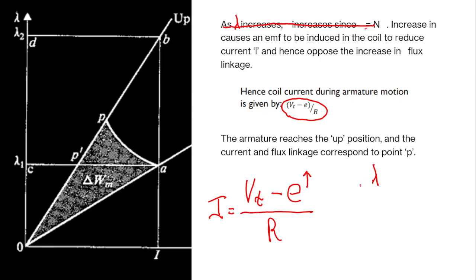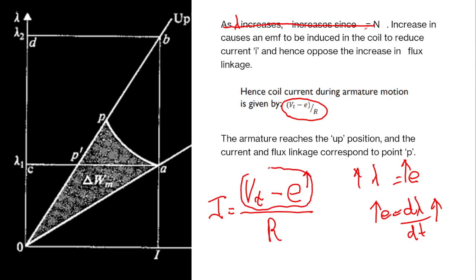If your flux linkage increases, the induced EMF will also increase, because E is dλ/dt. So if the change in lambda over t increases, obviously the E will increase. But if E increases, Vt minus E, this overall value here, will actually decrease. So if Vt minus E decreases, when you divide that by R, the current itself will also decrease.